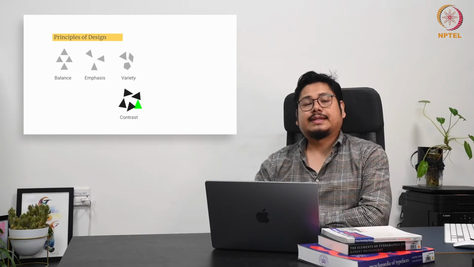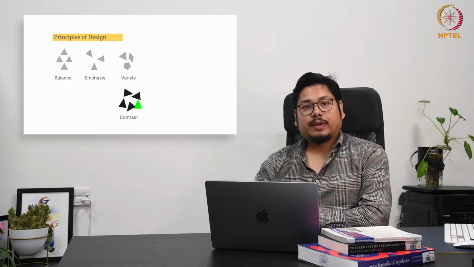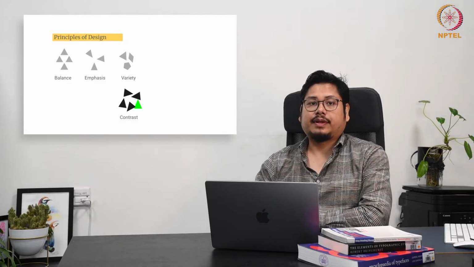Some ways designers use contrast include contrast with colors, contrast with size, contrast with shape, and sometimes we use texture as a point of contrast. We'll go one by one by taking different examples.